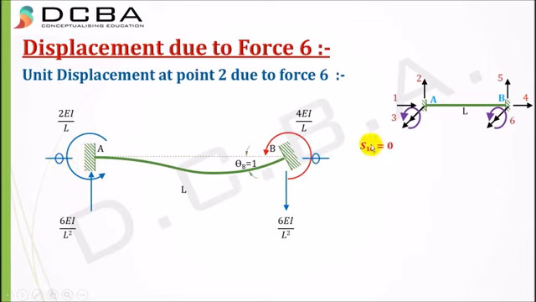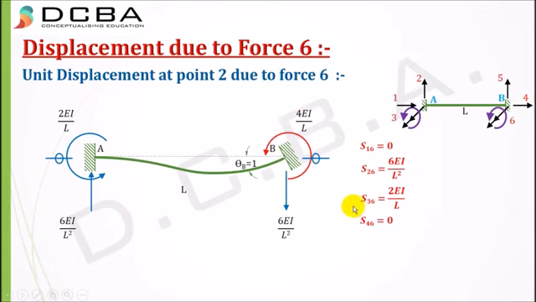So S16 is 0 because no actual force here. S26, that is upward force, is plus 6EI/L². S36 is 2EI/L, which is again positive because it is anticlockwise. S46 is 0.